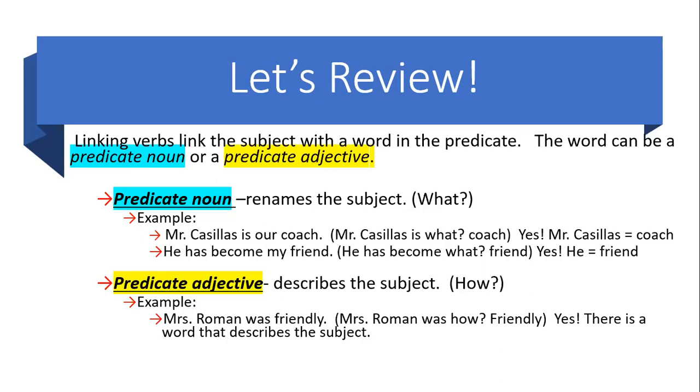So it is a predicate adjective, and it's kind of easy, right? If it renames, it's a noun, and because again it's found in the predicate, we call it predicate noun. Predicate adjective, we find an adjective in the predicate. Predicate adjective, adjective in the predicate. Wow, I know. That describes the subject. So there we have it.